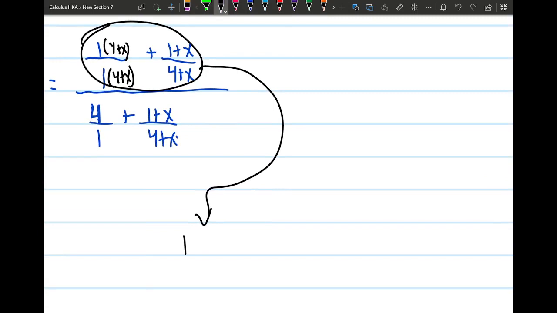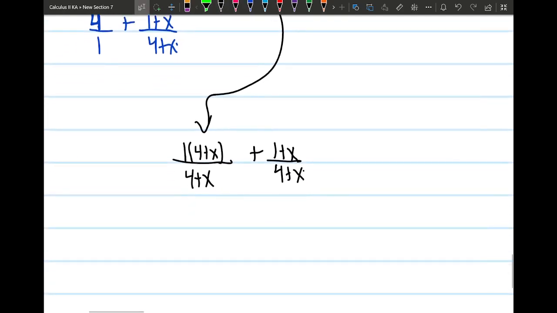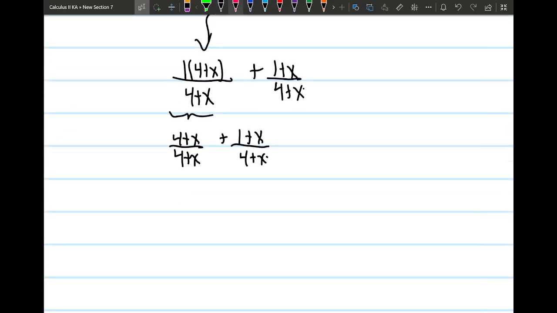We have 1 times 4 plus x over 4 plus x, and then plus 1 plus x over 4 plus x. So this is going to be 4 plus x over 4 plus x plus 1 plus x over 4 plus x. So then this is going to be 4 plus 1 plus 2x over 4 plus x.